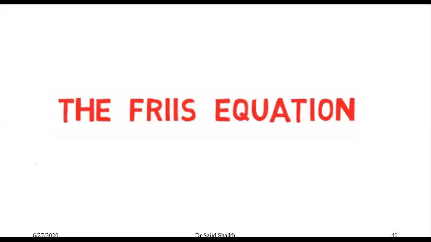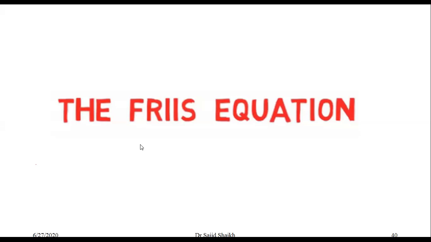In communication, the amount of received power is very important, because on the basis of that received power, we reconstruct the original transmitted signal. So this Friis equation gives the relationship between the transmitted power and received power. We already discussed this in the previous lecture.